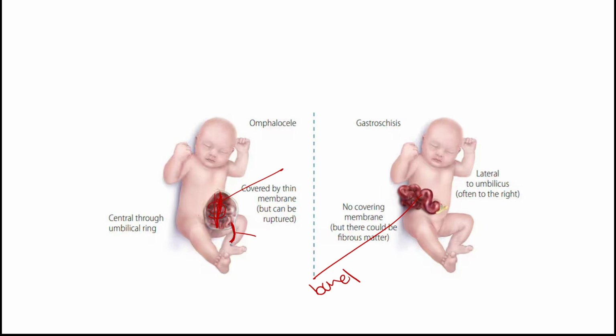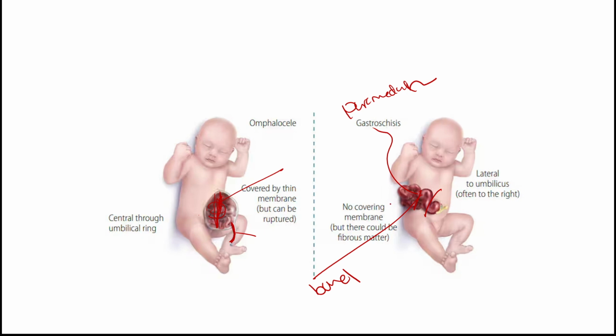In omphalocele, it could be abdominal organs, the bowel, or the stomach as well. But in gastroschisis, it is the bowel, and it is present not in the midline but paramedian, lateral to the midline. The other difference is that there is no covering membrane and the umbilical cord is not attached to the gastroschisis.